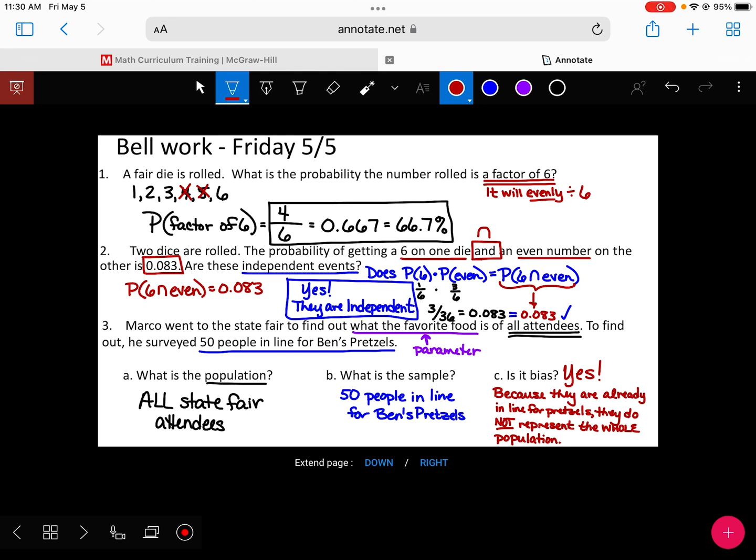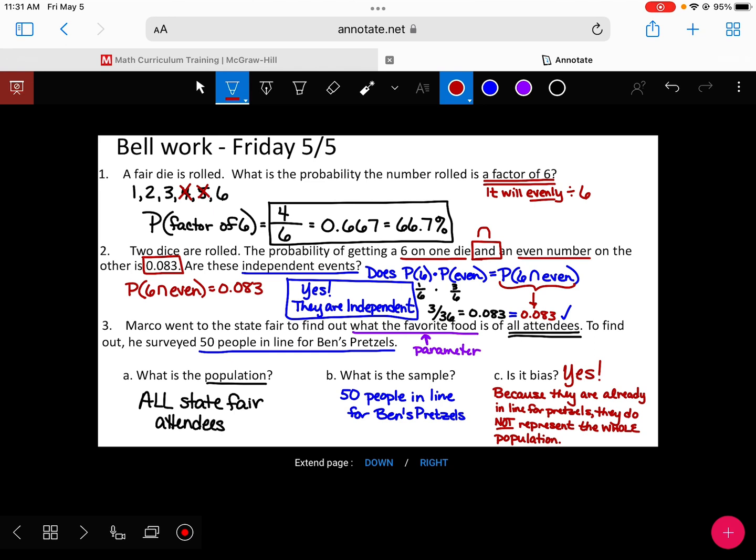Not doing it at all isn't an option. How could he pick out his sample? If you wanted opinions from people at the state fair, what would you do? Ask who?